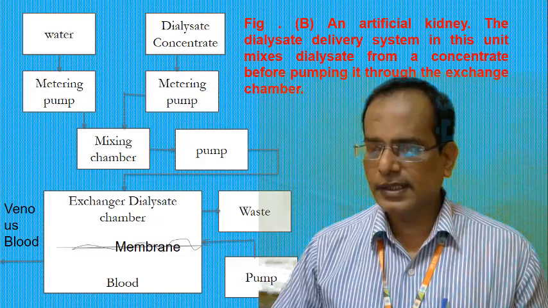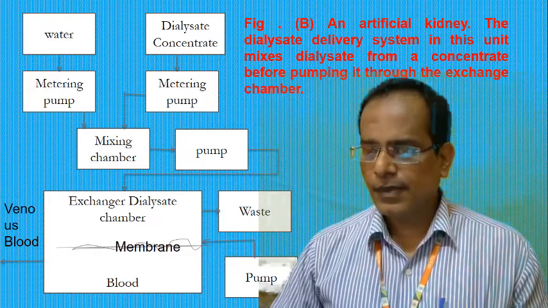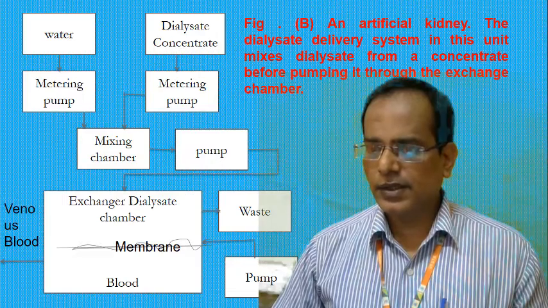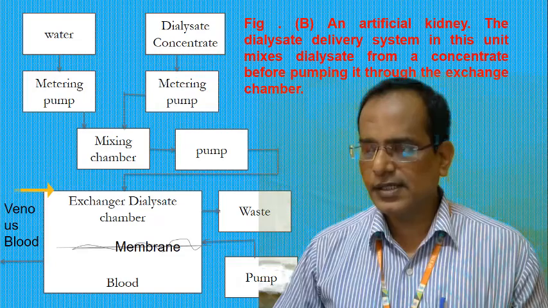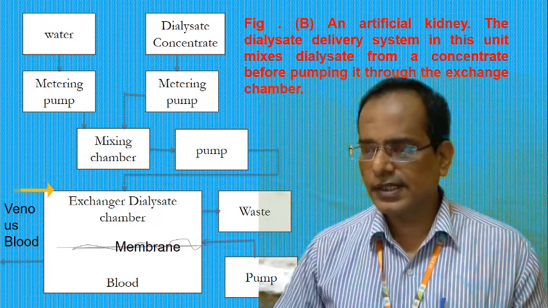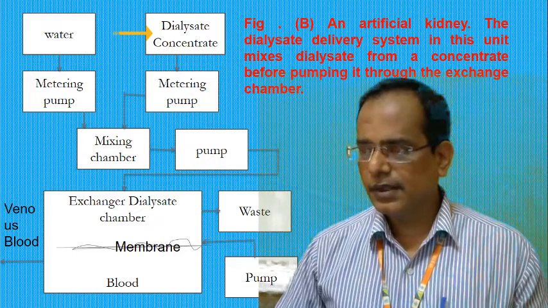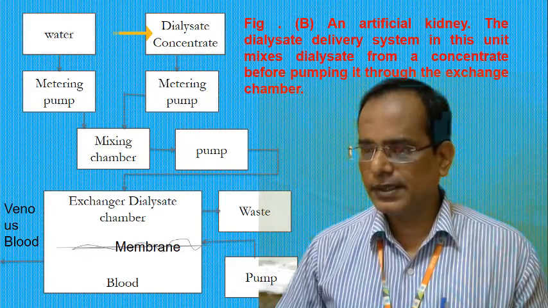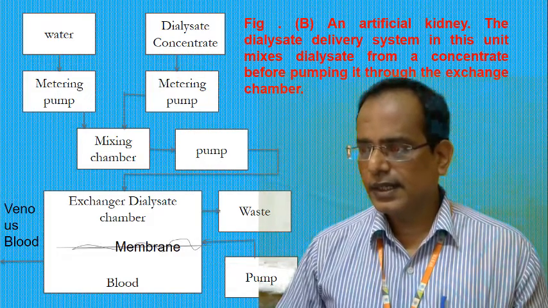Here we'll see the dialysate delivery system, and also we'll talk about the exchanger. First we'll talk about the exchanger. The exchanger consists of a dialysis chamber itself, as you are seeing in the diagram, which has a compartment containing the patient's blood and also a compartment containing the dialysate.